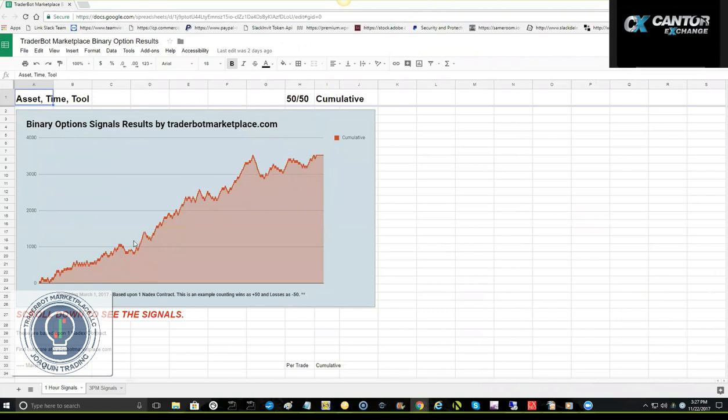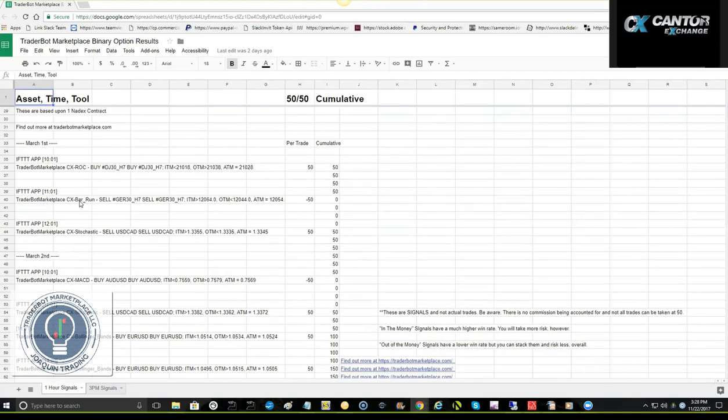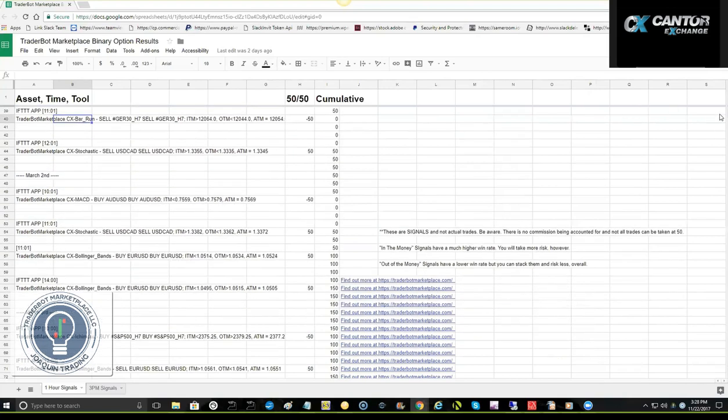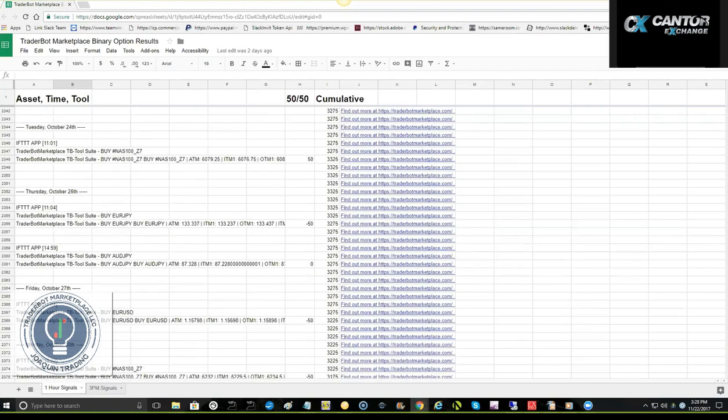You can see right here that it stops working after a while. Here, here, here, and I have to go back in and reevaluate and redo it. So we do that quite often, but the vast majority of these are bar run. Let me go to the more recent ones.